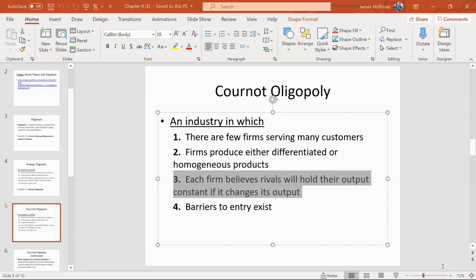So as a real world example of Cournot, the best thing I can think of that's based on these three examples is the video game console market, where you have the Sony PlayStation model, which keeps getting updated, and also the Microsoft model. And then you also have Nintendo, and you have like PC games.